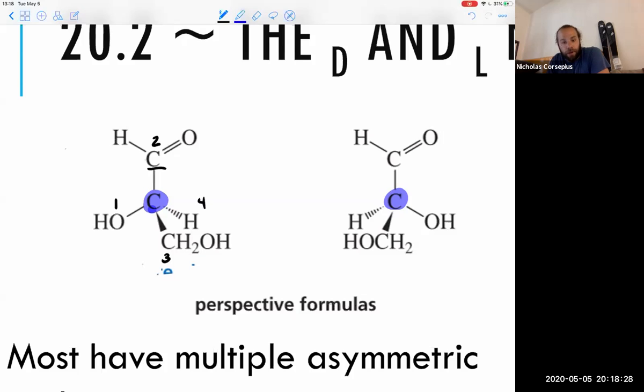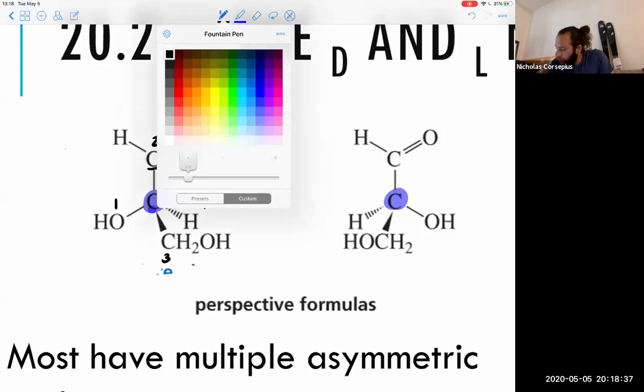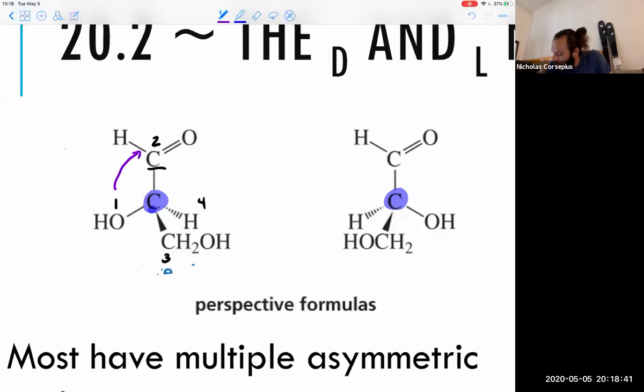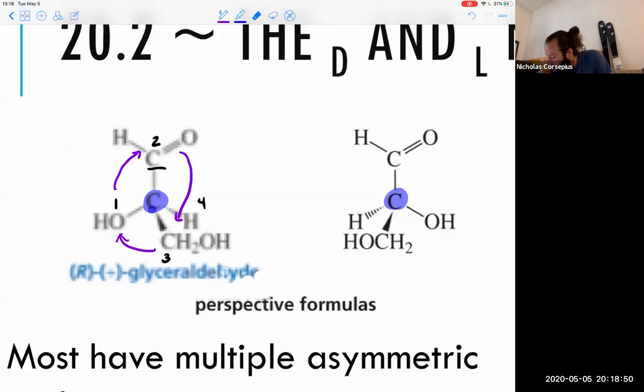Now in our perspective drawing, as long as that lowest priority group is pointed back into the page, then going from 1 to 2, 2 to 3, and 3 back to 1 would be clockwise. And so clockwise equals R, as long as that lowest priority group is pointed to the back.